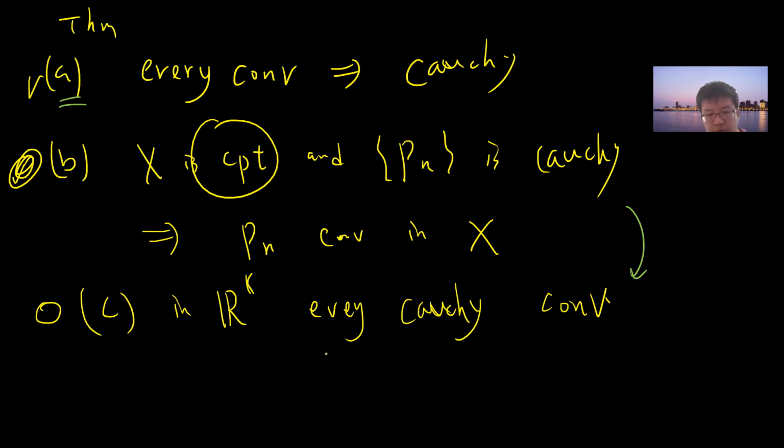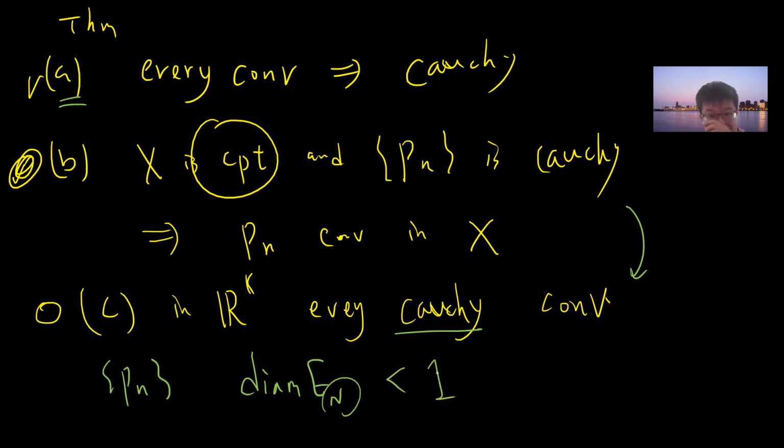Because if you have a Cauchy sequence from B, you might say that R^k is not compact. By definition this is true, right? But you can take the diameter. For some n, you take some diameter of E_n, and by definition this diameter will shrink to 0, so you can make it less than 1.